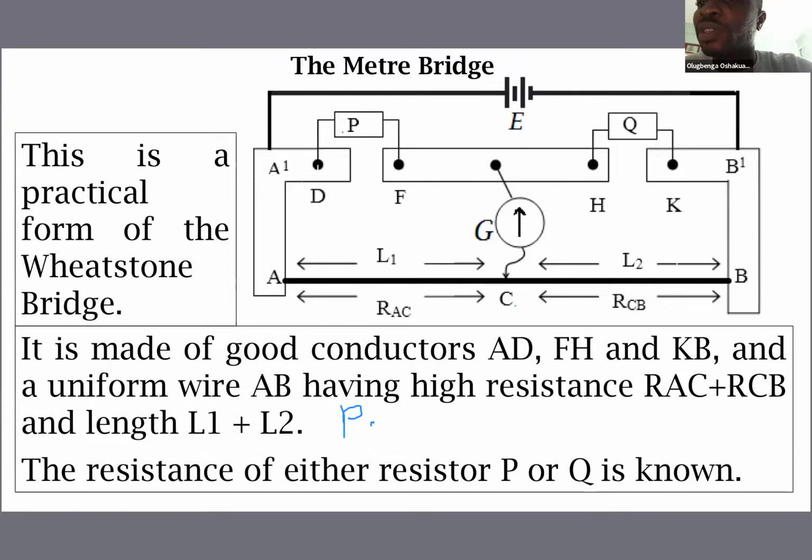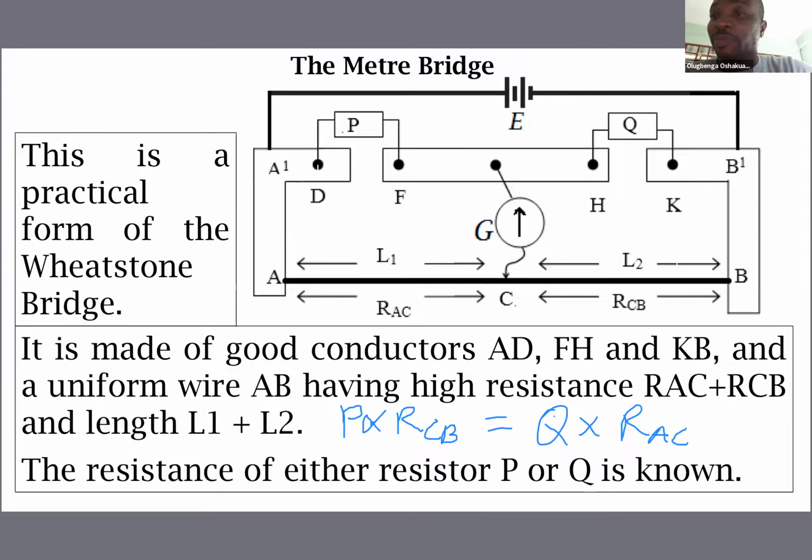P times RCB is equal to, and the opposite ones here as well, we have Q times RAC. P times RCB equals Q times RAC.